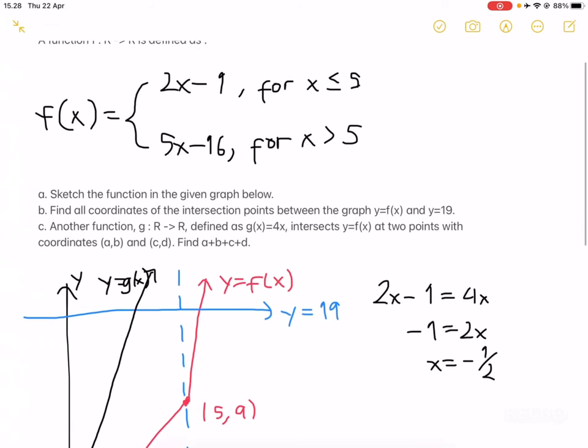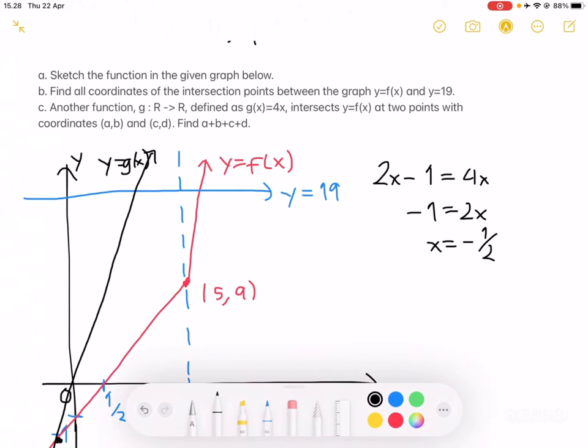Okay, and for the second point of intersection, oh wait, hold up, we need to find the y coordinate first right here, which is not hard to see is equal to negative 2, since you can substitute this into either the left or right hand side of the equation.